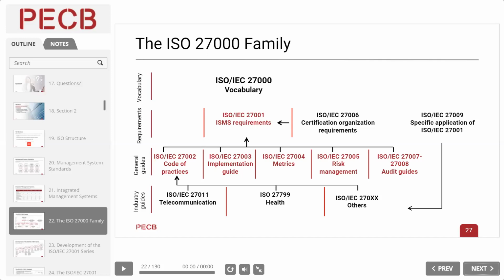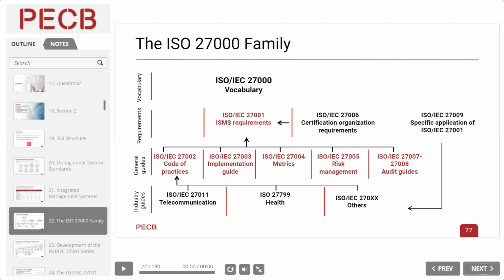I'm sure some of you might have heard of the 114 controls of 27001. Okay, they are outlined in 27002 in detail. Okay, what they are, how you can implement them. Okay, 27003 is an implementation guide as to typically what are some of the things that you need to be doing when you're implementing the standard.